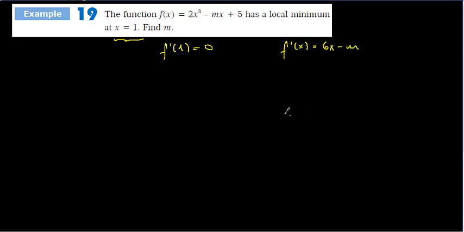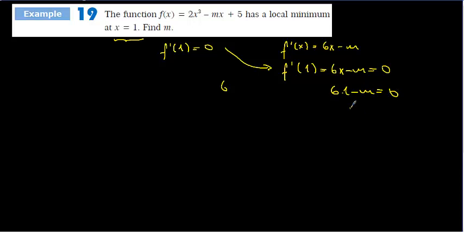So f derivative 1 is equal to 0, so 6 times 1 minus m is equal to 0. 6 is equal to m, so m is equal to 6.